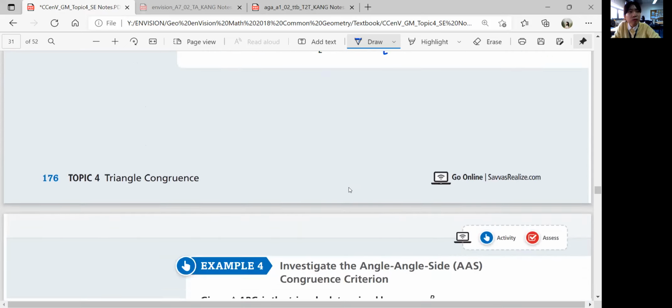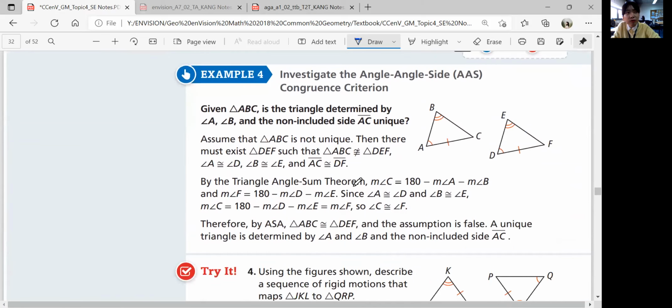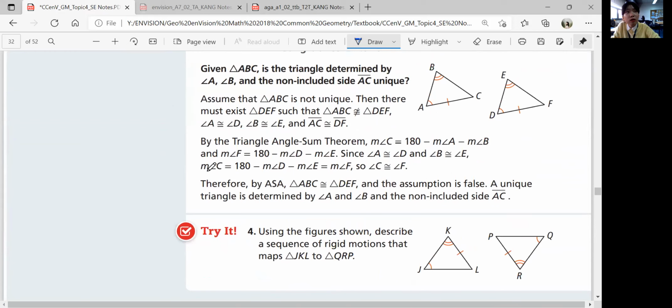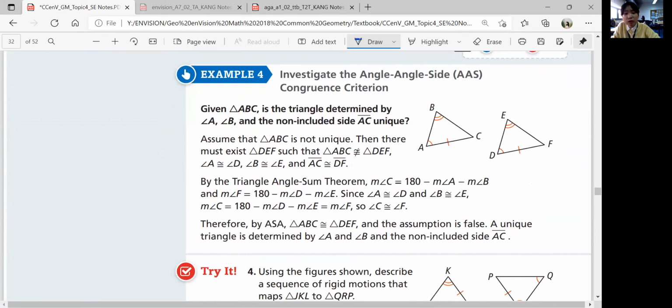Okay. Let's look at example 4. Investigate the angle side congruence criterion. Given triangle ABC, is a triangle determined by angle A, angle B, and the non-included side AC unique?